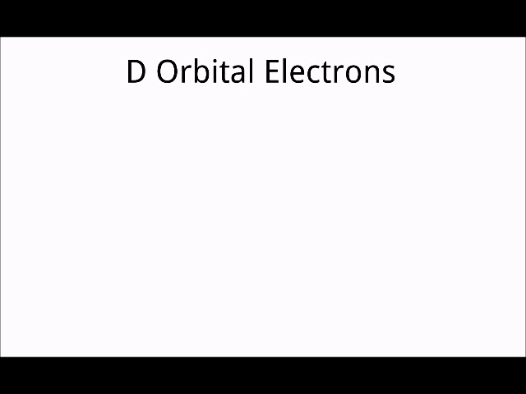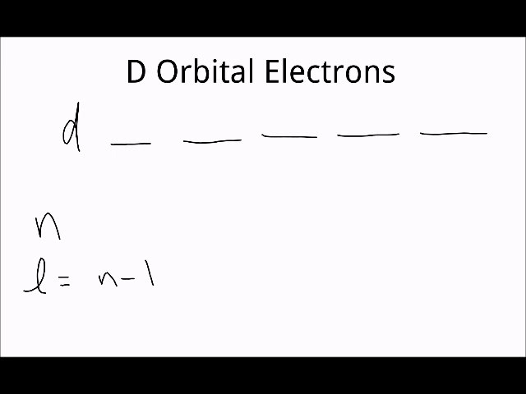So I'm going to quickly do the d here. If I have a d orbital, I've got 1, 2, 3, 4, 5. My n could be anything that I really want, except it could not be 2 or 1, because remember that L has to be up to n minus 1. If my n was equal to 2, the upper limit of L would be 2 minus 1, which is equal to 1.